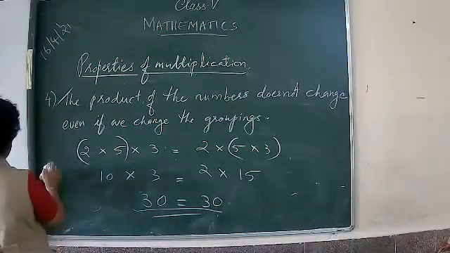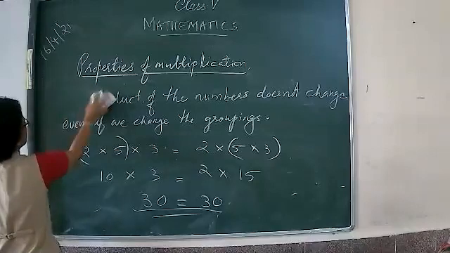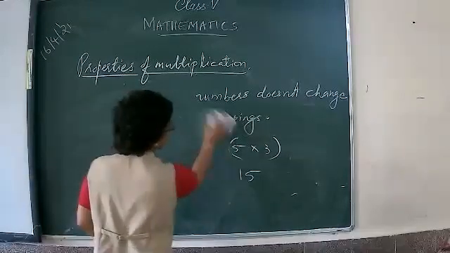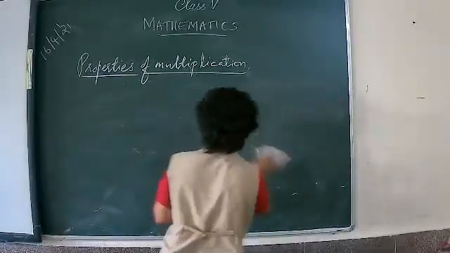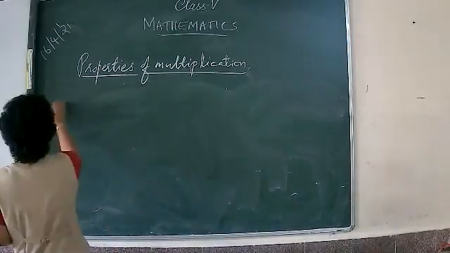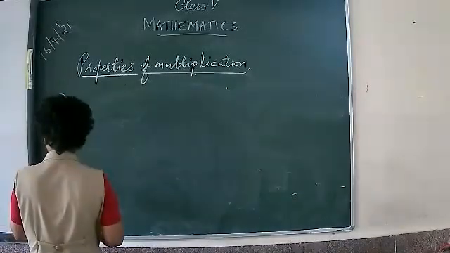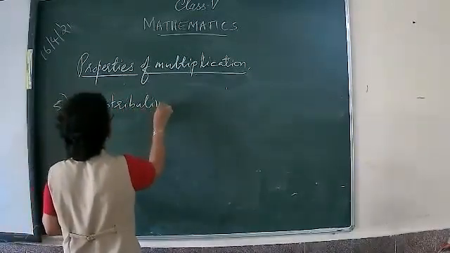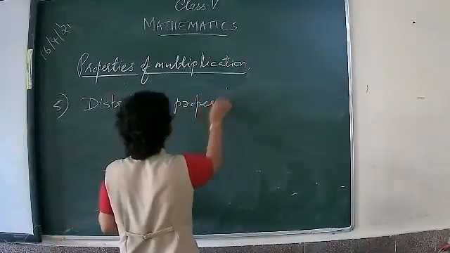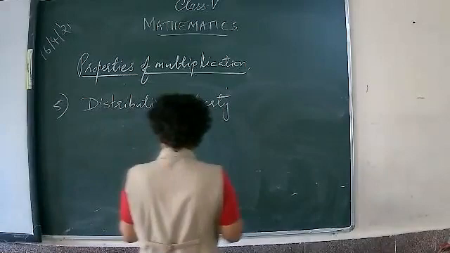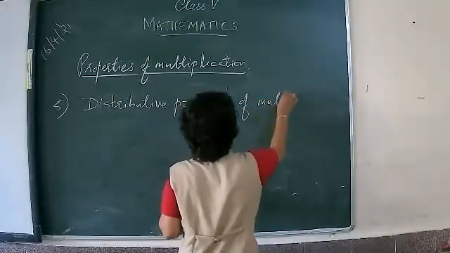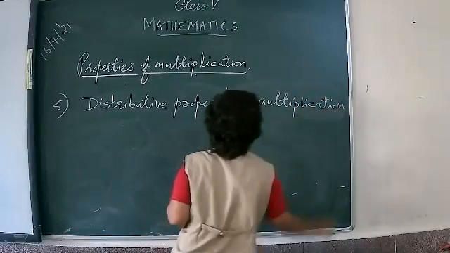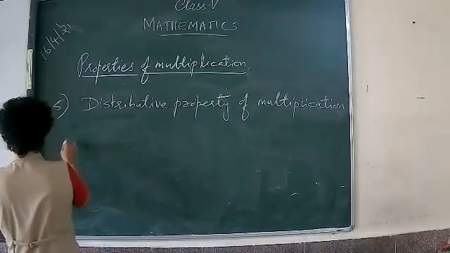Okay. Our next property is the fifth one there. Distributive property of multiplication over addition.